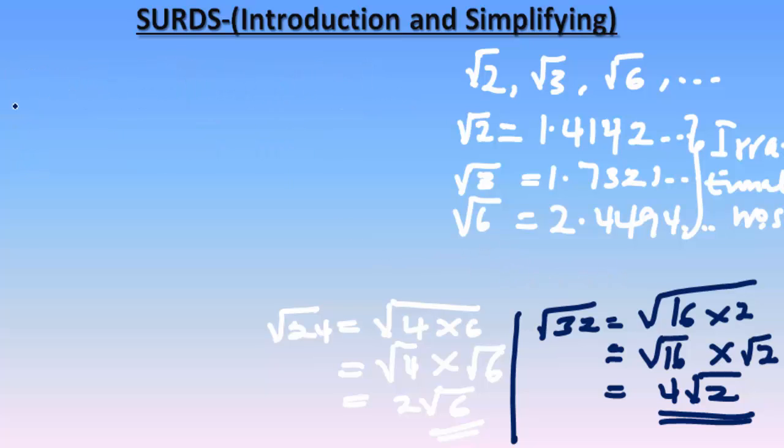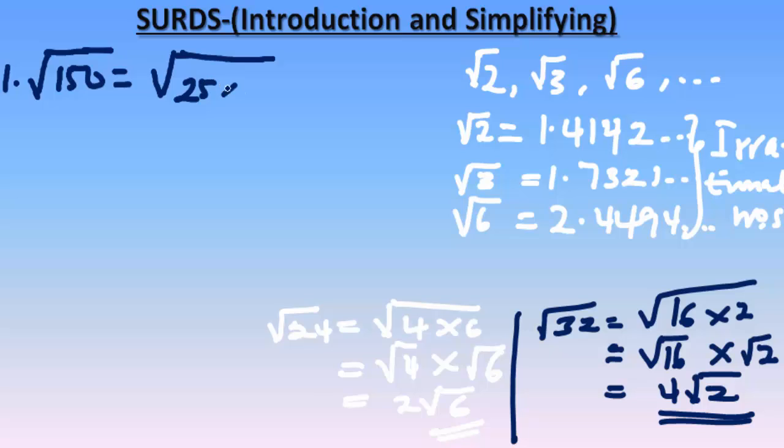So we have root of 150. In this case, finding two factors of 150, of which one is a perfect square and the other is not, we have 25 multiplied by 6. 25 times 6 is 150.